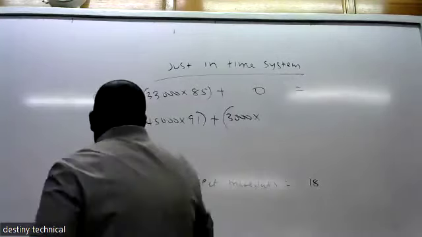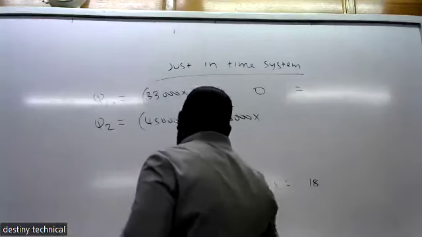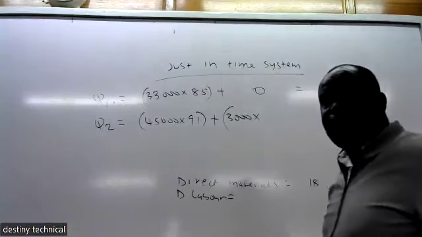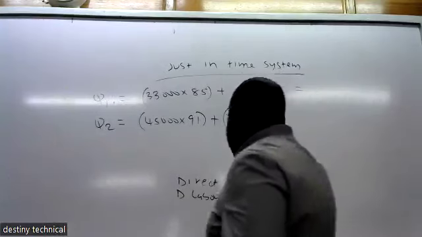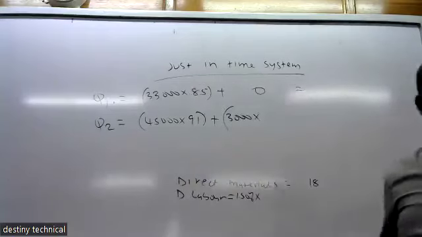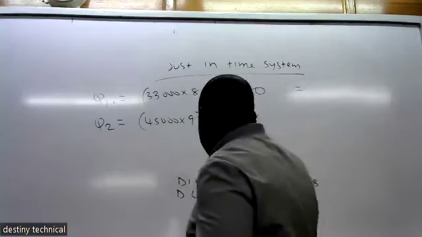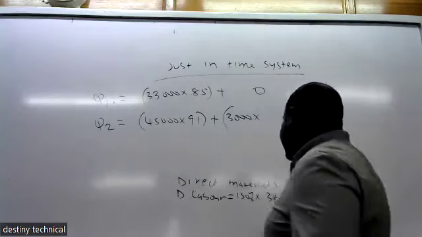But direct labor is affected. They say it will increase by what percent? 50%. So you get 150% because it is increasing by 50%. Get 150% of 36. Are you able to see where 36 is coming from?